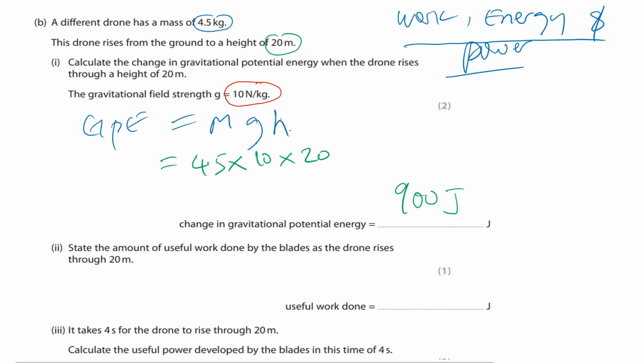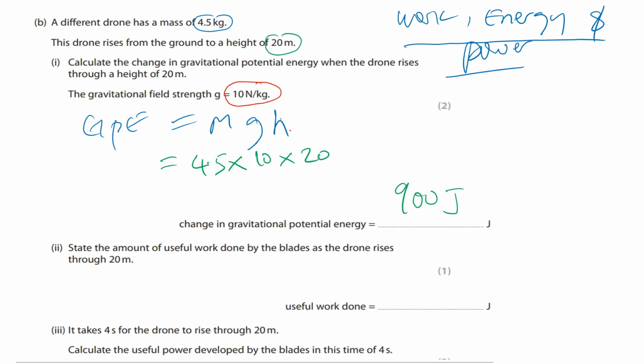Now let's look at the second one. State the amount of useful work done by the blade as the drone rises through 20 meters.